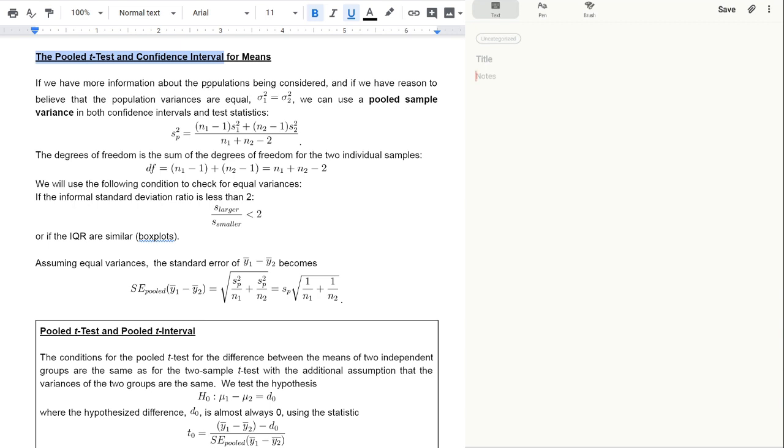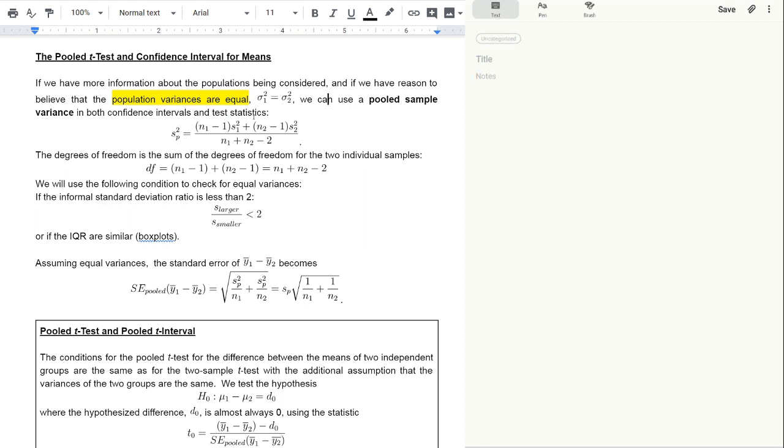Okay, so now for these types of inferences, if we have more information about the populations, in particular, if the population variances are equal, then we can instead look at finding a pooled sample variance for both the confidence intervals and the test statistics.